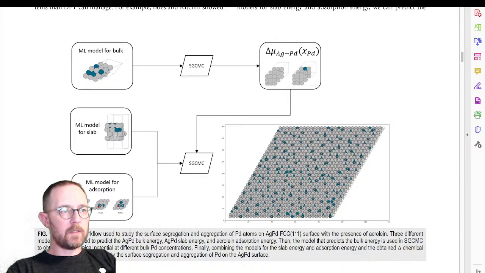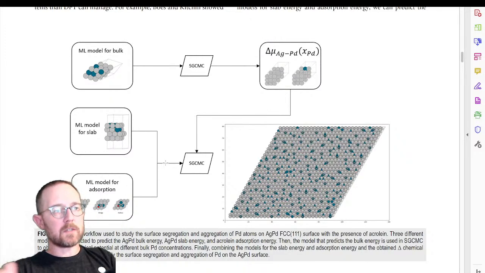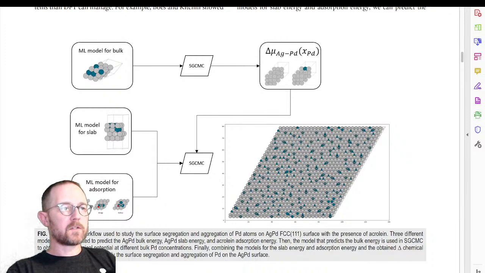The problem with these, of course, is that when you start changing silvers and palladiums, you change the composition. So we're going to switch to a semi-grand canonical approach where this slab is free to exchange with the bulk reservoir, and we can use this chemical potential to tell us the cost in energy to determine whether it's a favorable swap or not. And then we need to account for adsorption, which can impact the segregation.